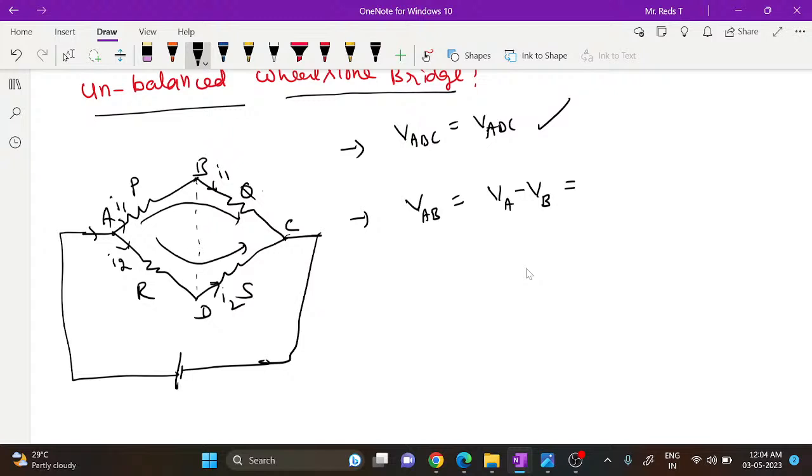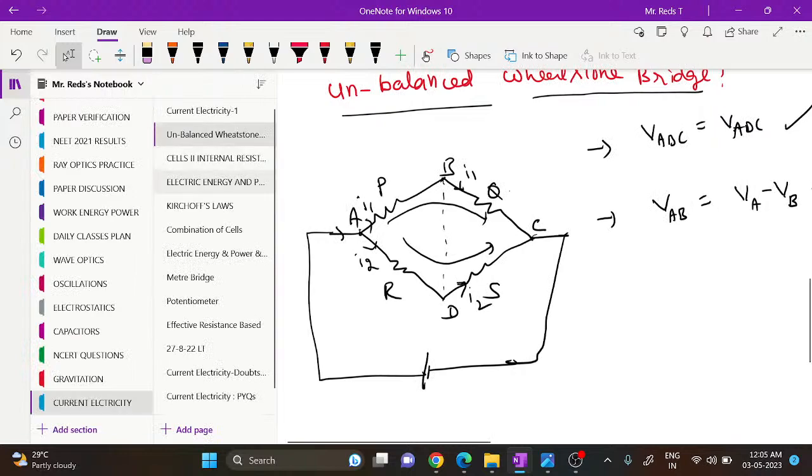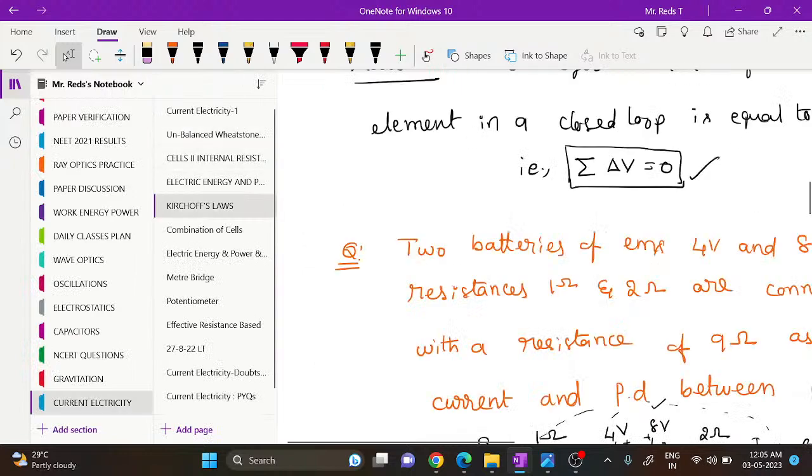Here VAB, the potential across A and B, which is nothing but across the resistor P, is equal to I1 into P. As I discussed earlier and showed here for your understanding, you can go through that and remember it.